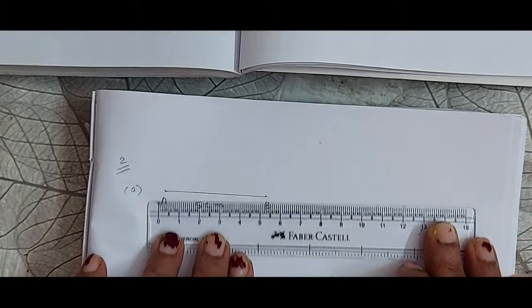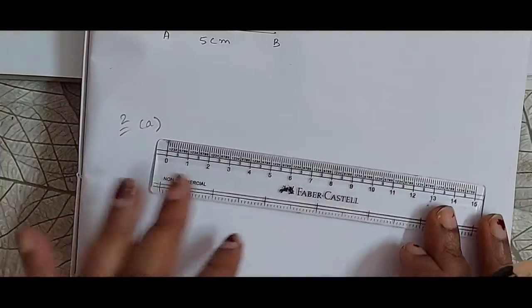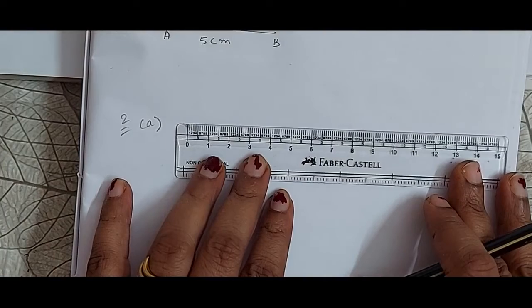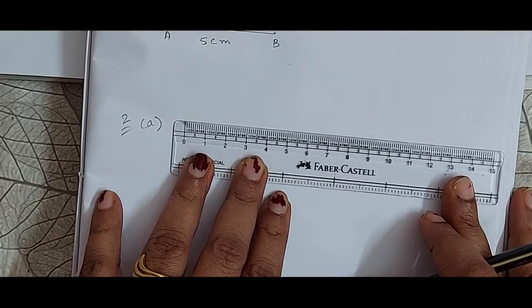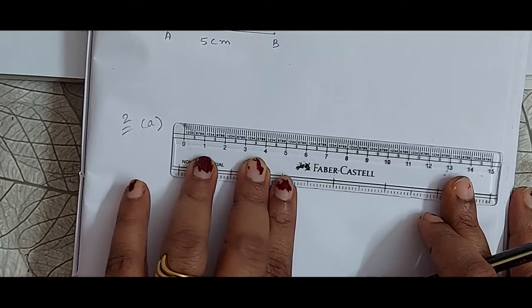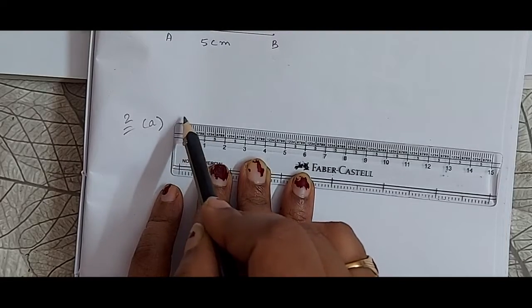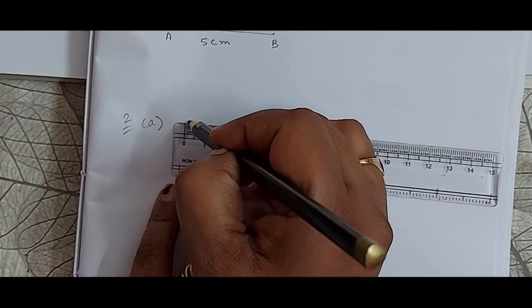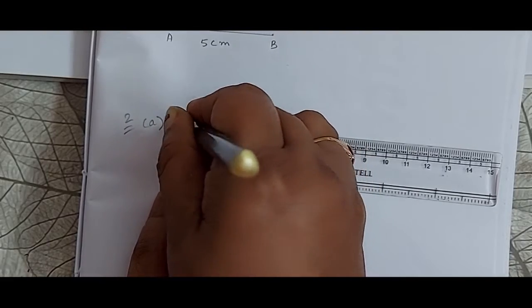Once I have placed the scale parallel to the side of the notebook, I will first mark a point above 0. That point is your A. Don't write A now, first mark the point.